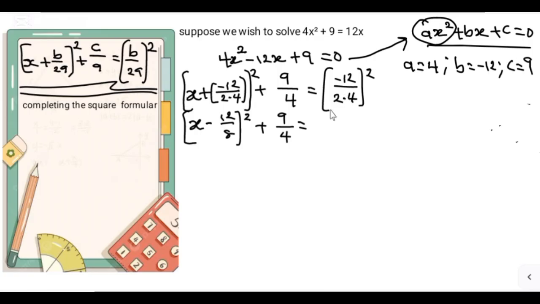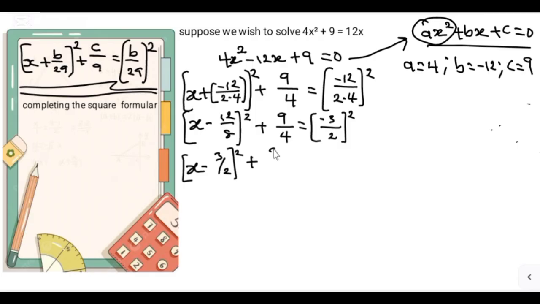Now, what can actually reduce this? If you put 4 into this, it will give you negative 3, and into this will give you 2. So moving forward, we can also have x minus, this and this will still give you what? Just 3 over 2, squared.